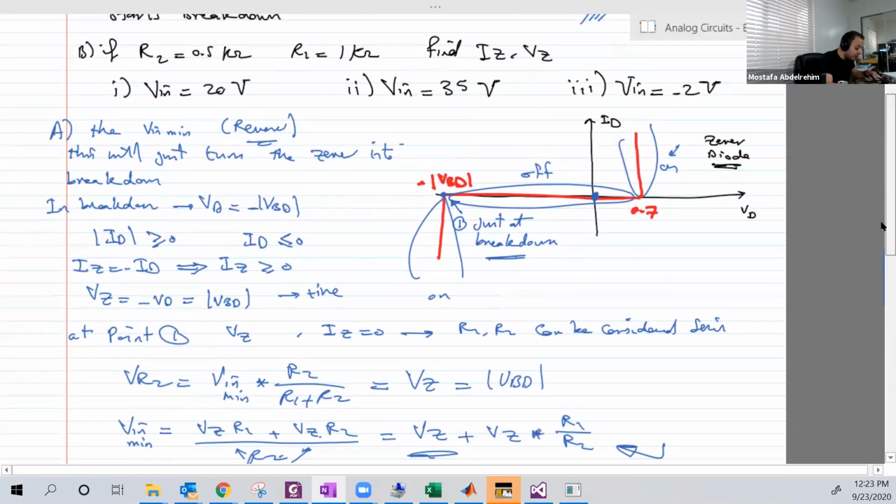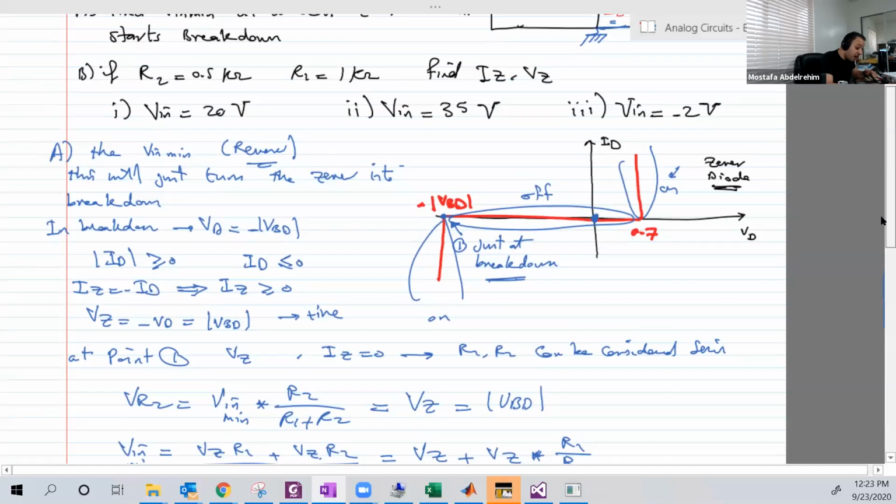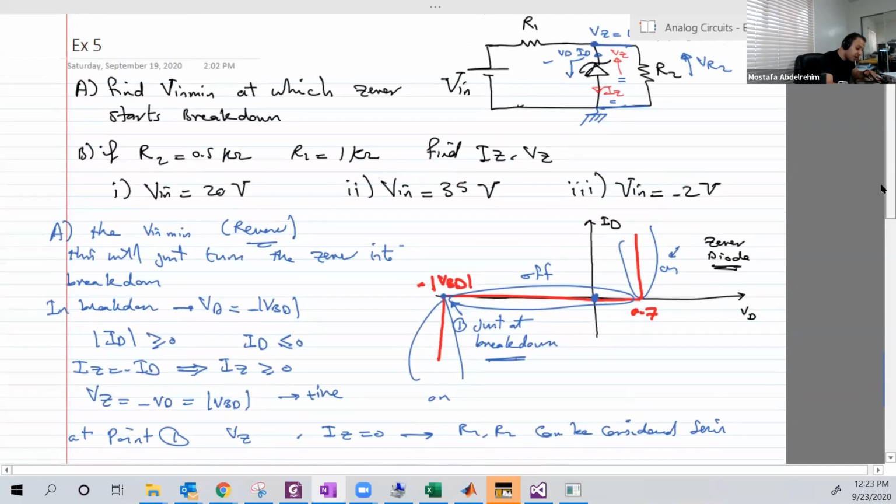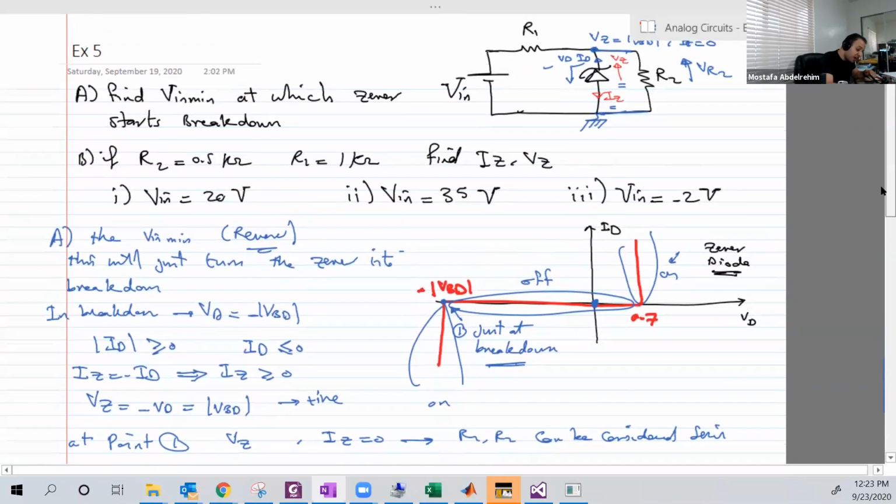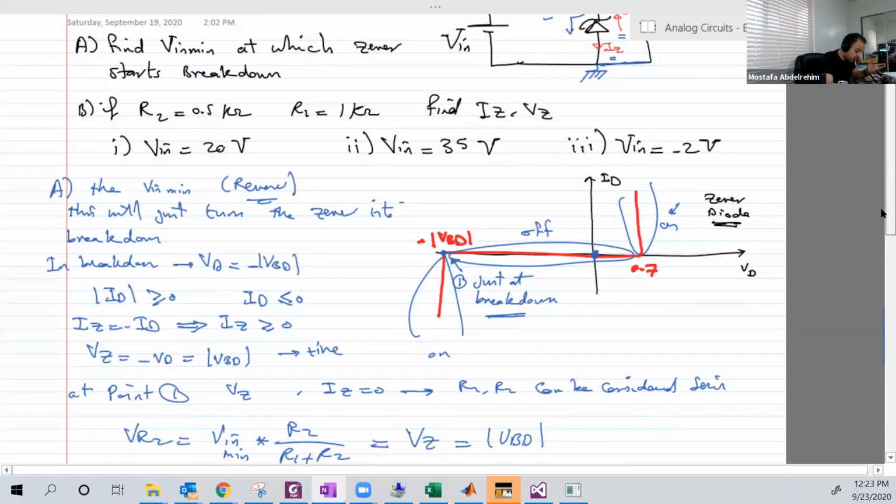Now let's do B. For B, if R2 is half kilo ohms, R1 is 1 kilo ohm, find IZ and VZ with 3 inputs.